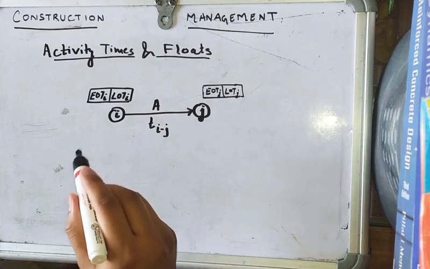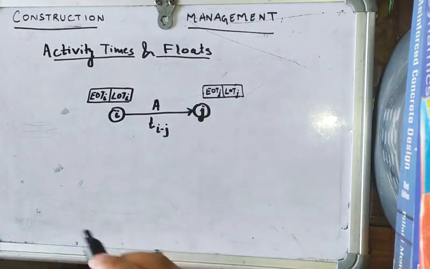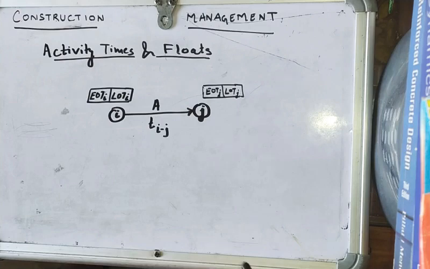Now, the earliest occurrence time and latest occurrence time are defined for events, and these activity times are defined for activities.